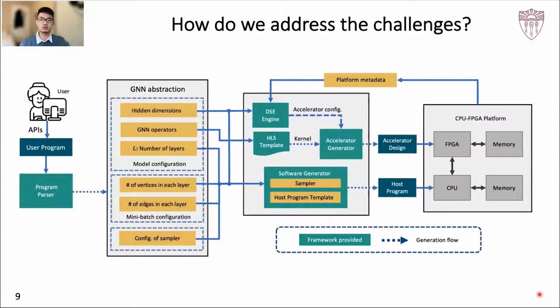We want to abstract away the hardware implementation detail and make it accessible to users who might not have backgrounds in hardware development. So the first problem is, how do we support various GNN models?